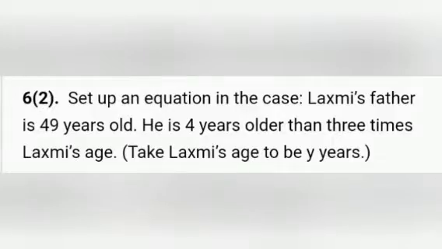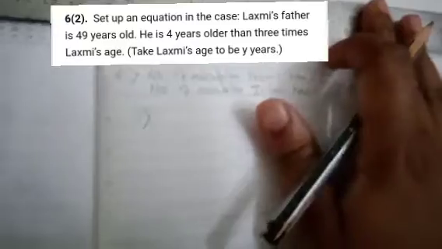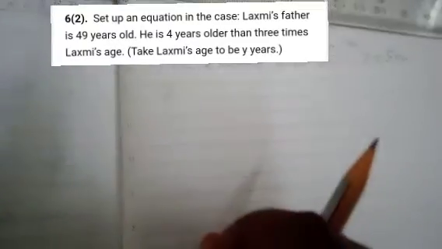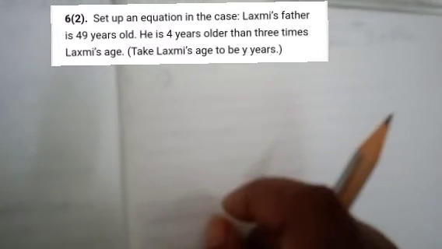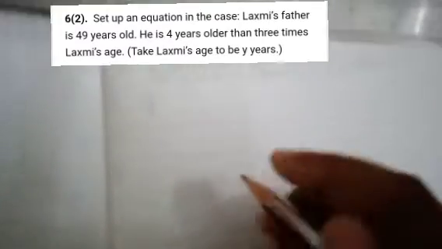Next question. Lakshmi's father is 49 years old. He is 4 years older than 3 times Lakshmi's age. Take Lakshmi's age to be y years. So for the second question, it is said that Lakshmi's age is y years, right?